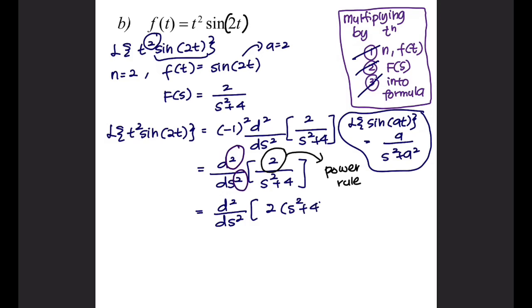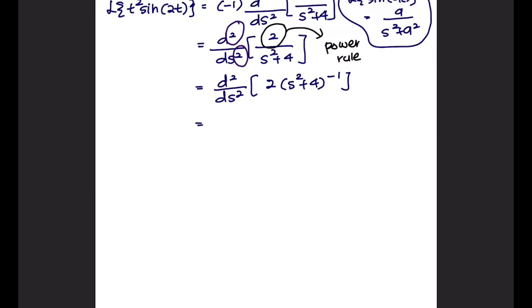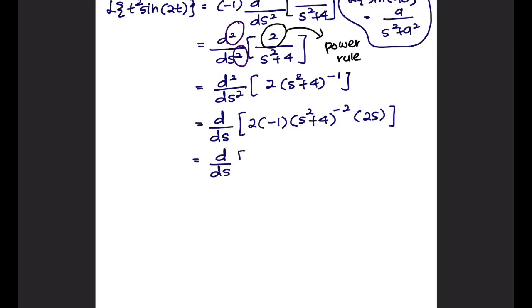We have 2 times (s squared plus 4) to the power of negative 1. Then differentiate the first time. So we have 2 times negative 1 times (s squared plus 4) to the power of negative 2 times 2s. Okay, then simplify.